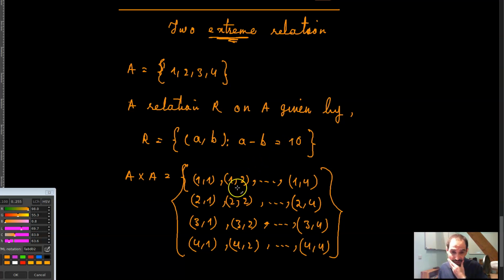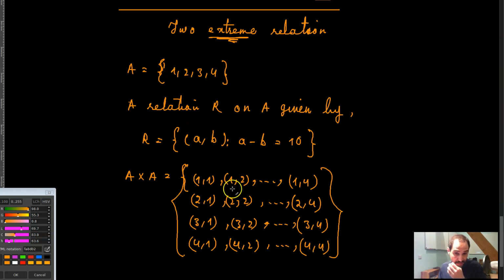Which of course never is going to happen as far as these ordered pairs are concerned, because the largest number that I have is 4 and the smallest number that I have is 1. Basically the biggest that the difference can be is at most 3. 4 minus 1 is equal to 3.